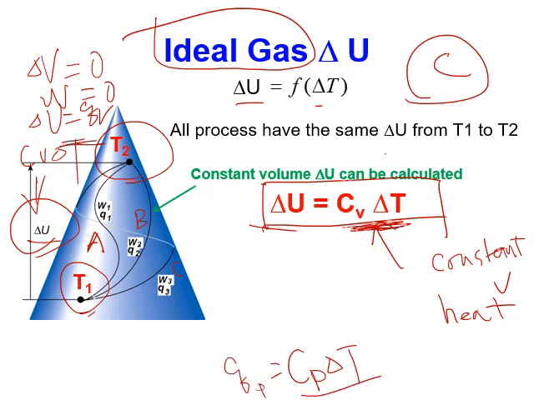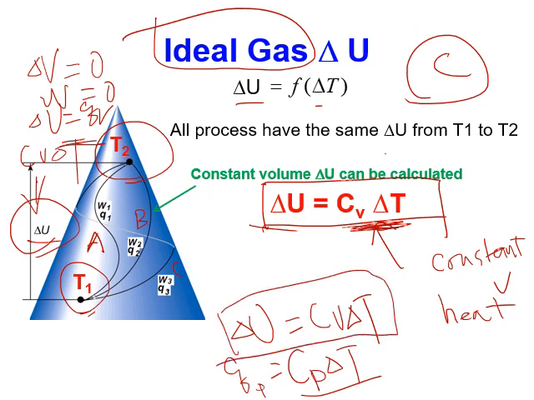However, even for constant pressure, internal energy is still Cv delta T. That's a very important conclusion. For ideal gas, internal energy is a function of temperature only. The equation is Cv delta T, always this equation.